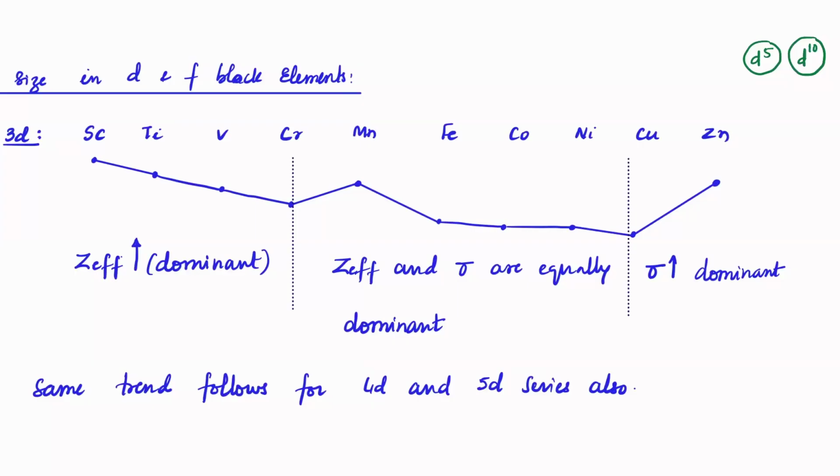When you have these configurations, elements will start losing their metallic properties. Why? Because they will share less number of electrons in metallic bond. I will discuss in detail about what metallic bonds are. Then you will have a better picture of it. Due to that metallic bond nature being weaker in manganese and zinc, their size starts increasing.